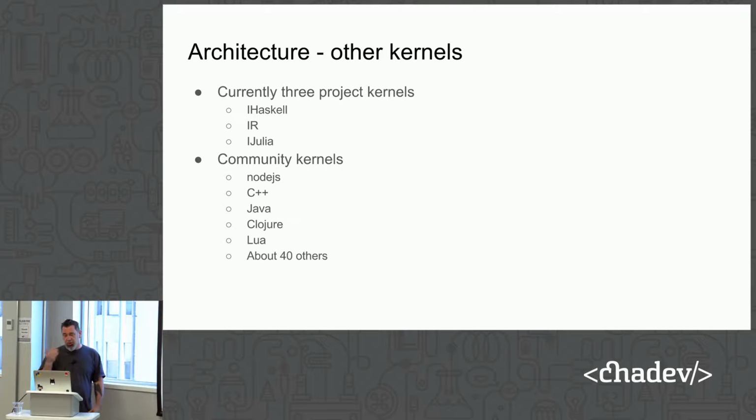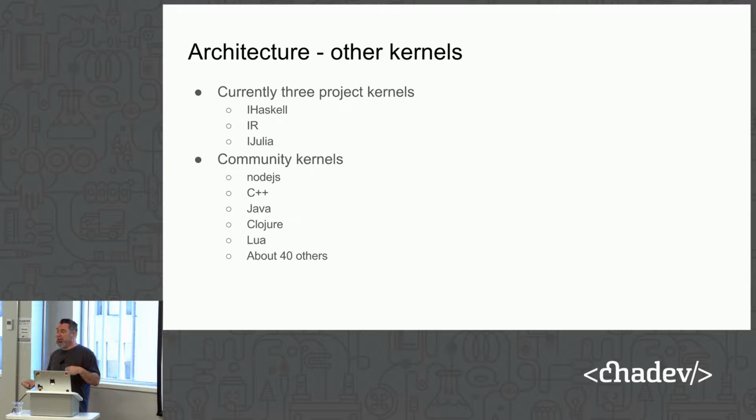So, like I said, there are other kernels. Currently, Project Jupyter maintains three kernels, iHaskell, IR, and iJulia, but there are tons of community kernels available for Node.js and C++ and Clojure, and there are forty-something odd kernels out there. So this is where Jupyter is really starting to expand, because it's such a great tool to use. For any kind of even halfway popular language, there's going to be a kernel already made for it.